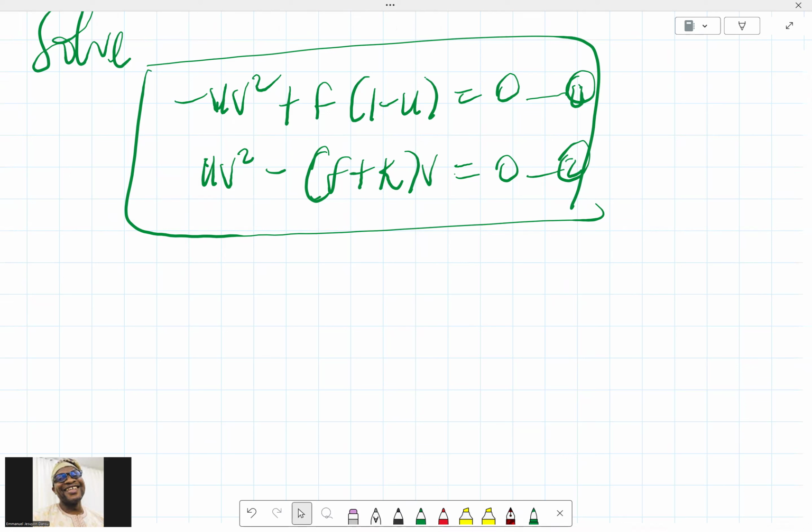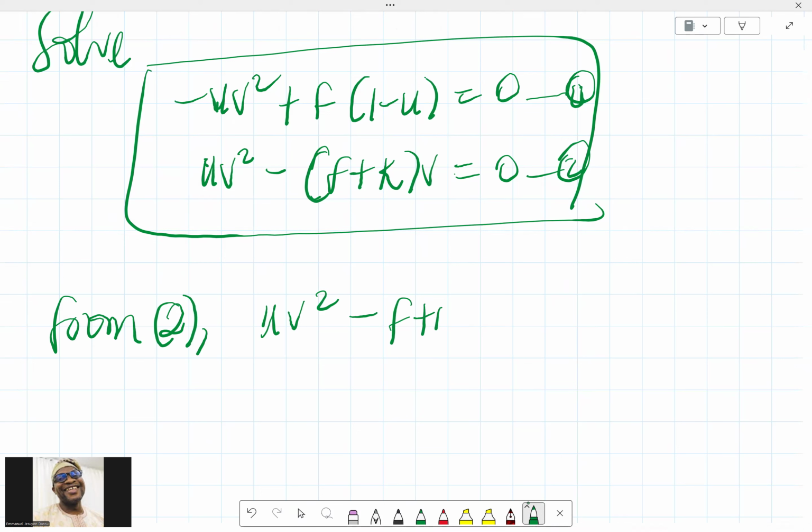Okay. Trying to see the best way to handle this. From the second equation, we can factor v, right? So from equation 2, we have uv squared minus f plus kv equals 0.